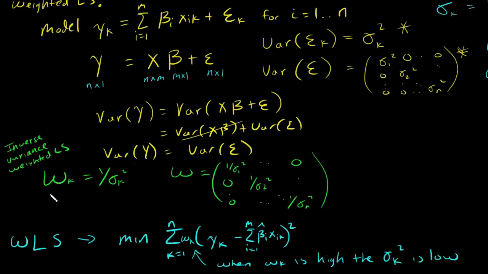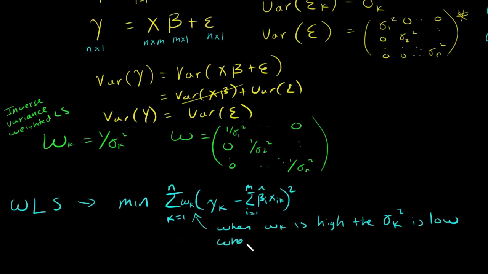Because it's an inverse variance weight. So if w is high, then the variance must be low, and that's good, because you would want to give that observation more weight. And conversely, when w_k is low, then sigma k squared is high. So when you have a very large value in the denominator, that's going to make the weight small. So when you're doing your weighted least squares, that observation will have less weight. Okay, so that's the general idea.